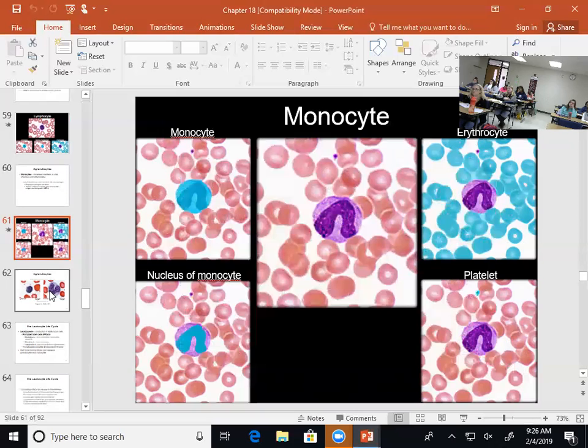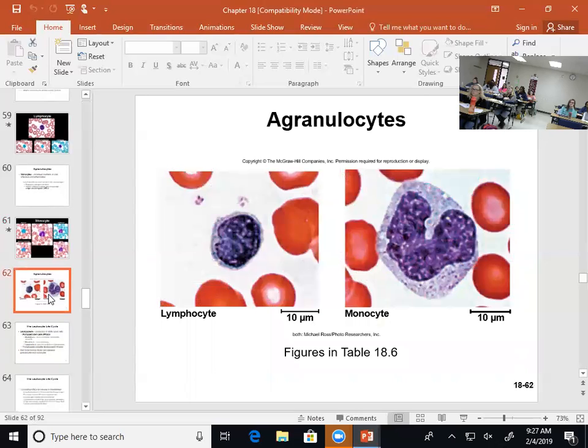And depending on what position the cell was in when you fixed the slide and stained it, it often looks even circular, not even folded like this. But it can look folded, and it's just huge. The nucleus is huge, but it also has a lot of cytoplasm. No granules, but a lot of cytoplasm. So that's what a monocyte looks like.